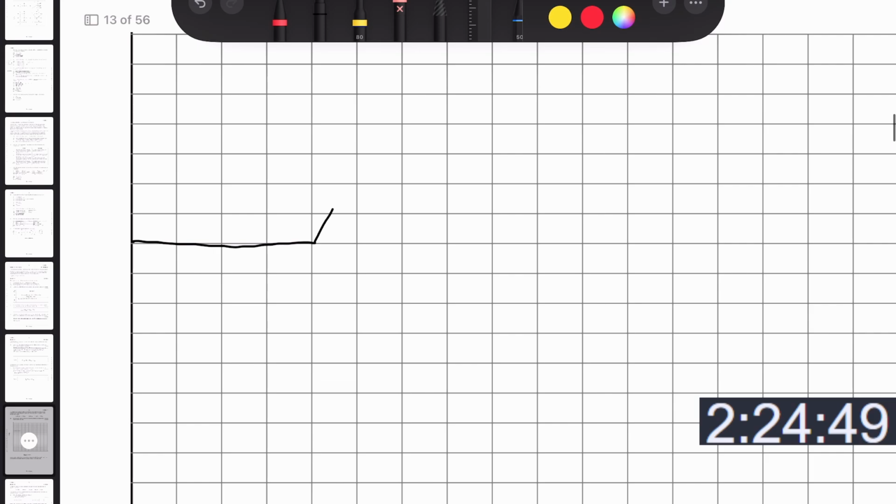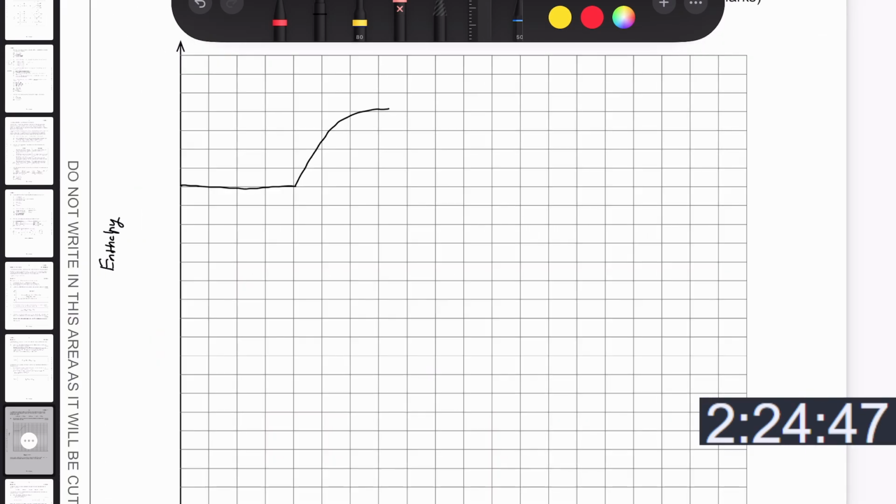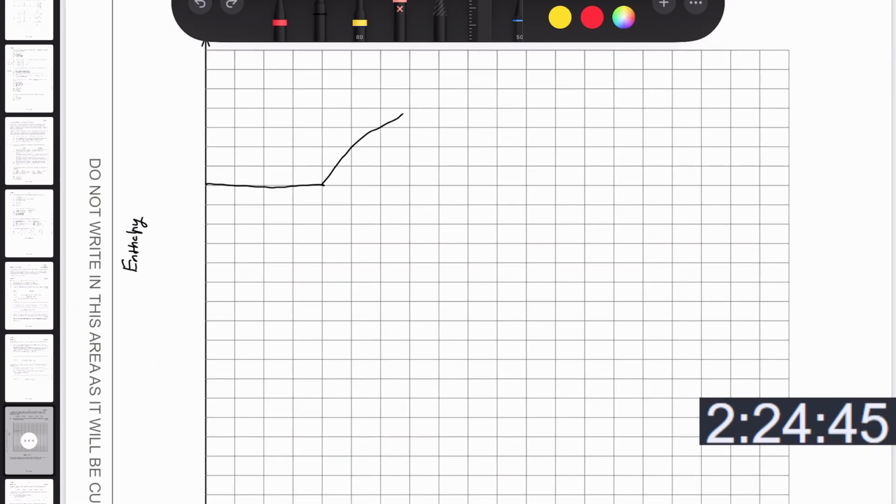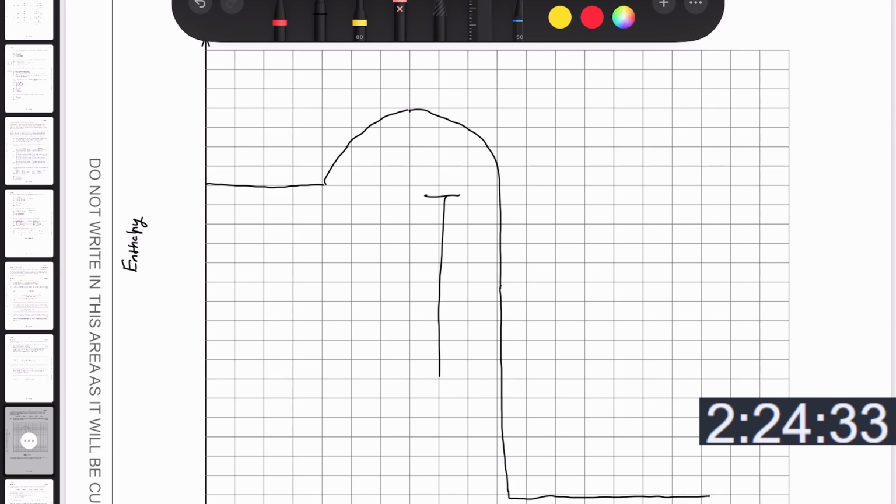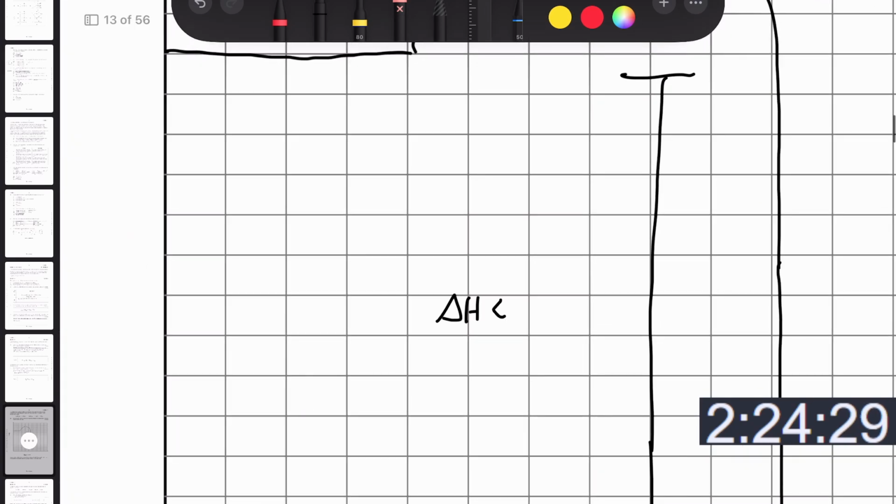So here, let me go up to there, and then we'll go sharply down, maybe up to about there. So we'll call this delta H. Delta H is less than 0.